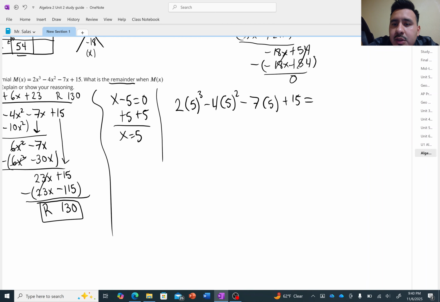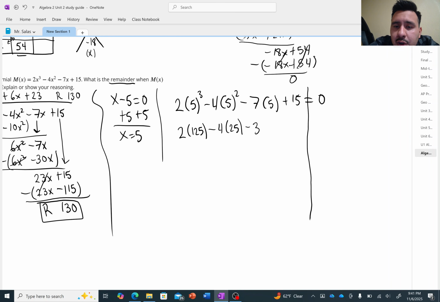And I'm going to remember to set it equal to 0. Remember, your goal is to make sure that everything on the right side stays equal to 0, and everything on the left side should be equal to what's on the right side. In this case, 0. So I know that this is going to be 2 times 125 minus 4 times 25 minus what's 7 times 5?